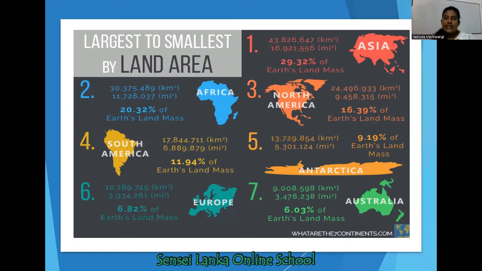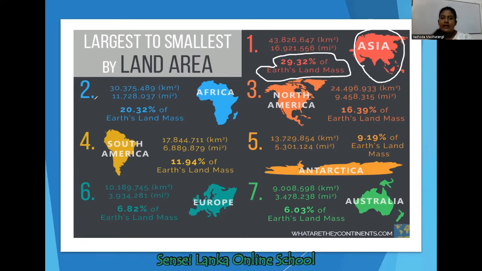Here you can understand the size of them. It is given as a percentage here, very easy for you to understand. So look at number 1 here, Asia. Asia is number 1. When we consider the Earth's landmass, nearly 29%.